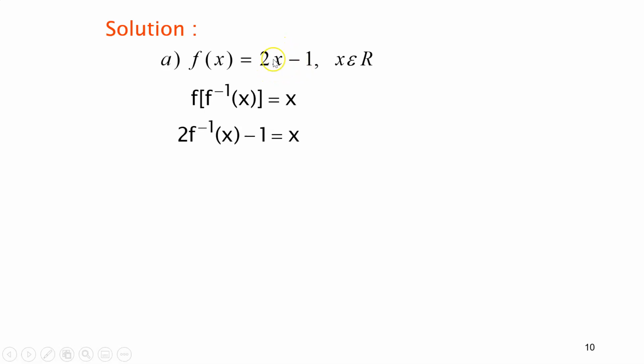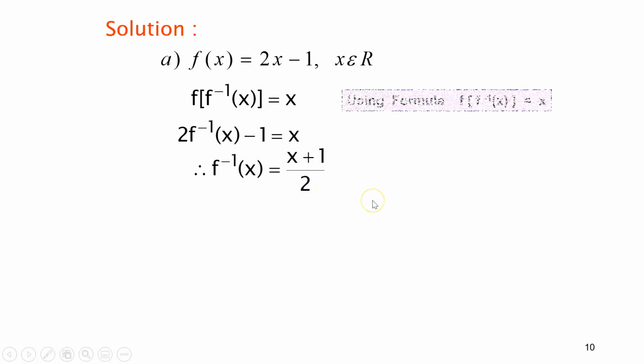Now this x, we're going to substitute with the inverse function, and then the minus 1, you just write it down again. So you have f of f inverse equals x, and then you just rearrange it until you get the inverse function, which is actually equal to (x plus 1) divided by 2.